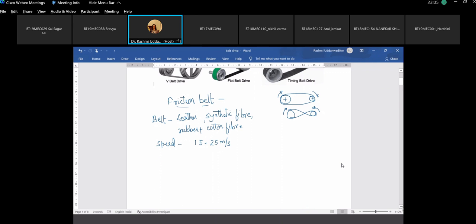We'll quickly go through advantages and limitations of belt drive. Let us compare it with a gear drive. What is the basic advantage? Some of you already gave me low starting torque, low cost, speed reduction.